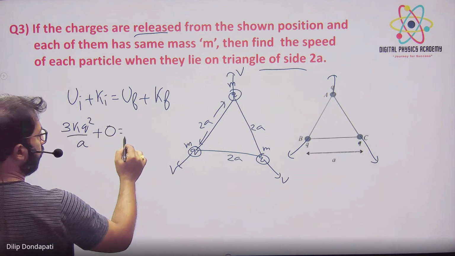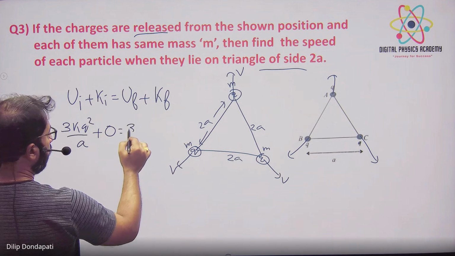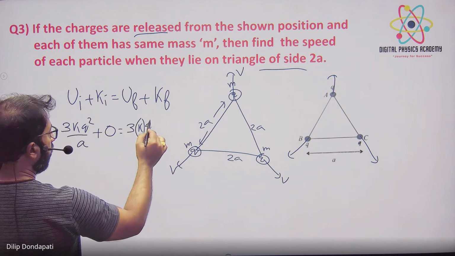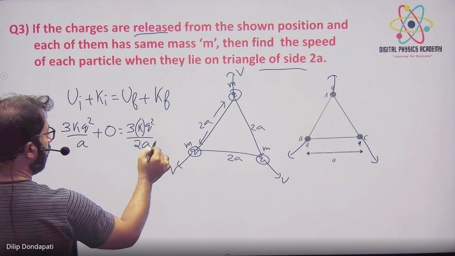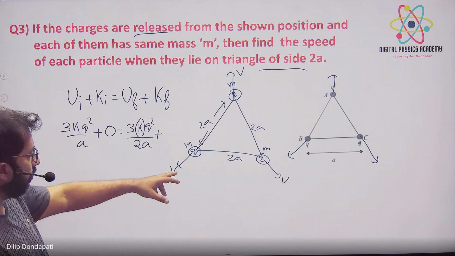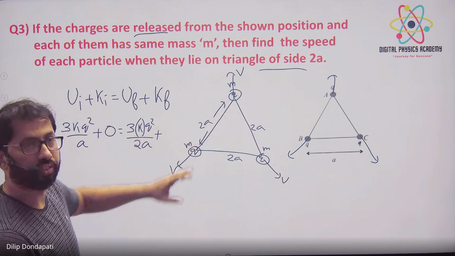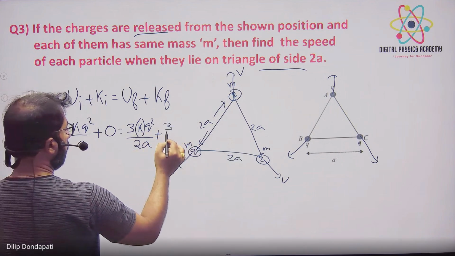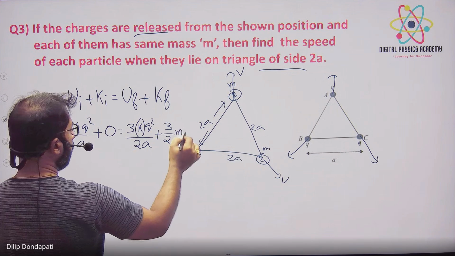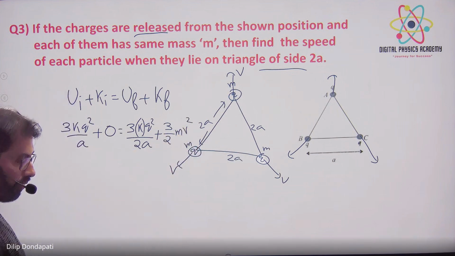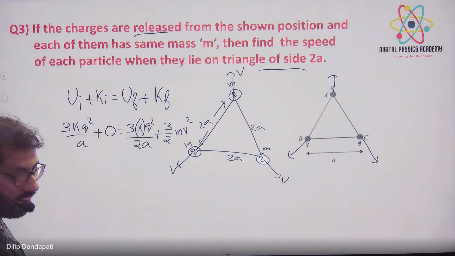Final कितना होगा? 3 into k q square by 2a plus kinetic energy of एक पार्टिकल कितना है? हाफ mv square, हाफ mv square, हाफ mv square. कितना होगा? 3 by 2 mv square. Now find v: the root of k q square by 2 m.